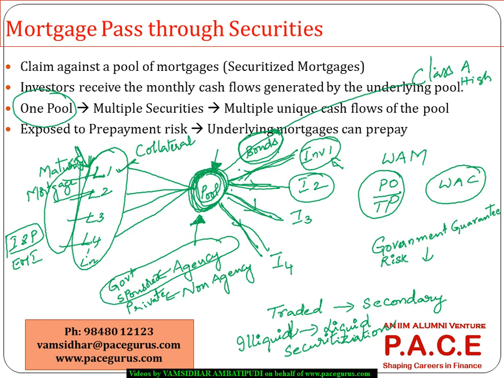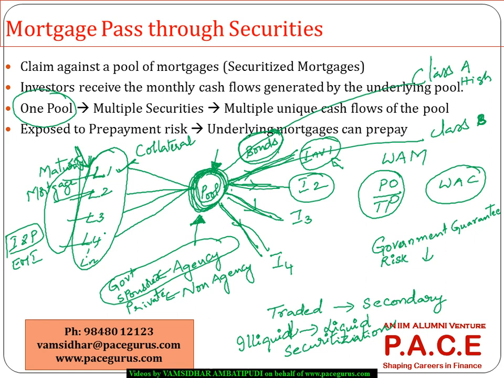Similarly, I can create a class B security where the coupon will be slightly higher because I'll give them a secondary priority on the claims. Like that, structuring can be done based on the cash flows coming from the interest and principal repayments. So even against one single pool, multiple kinds of instruments can be created with multiple characteristics, addressing the risk behaviors of the various investors also.